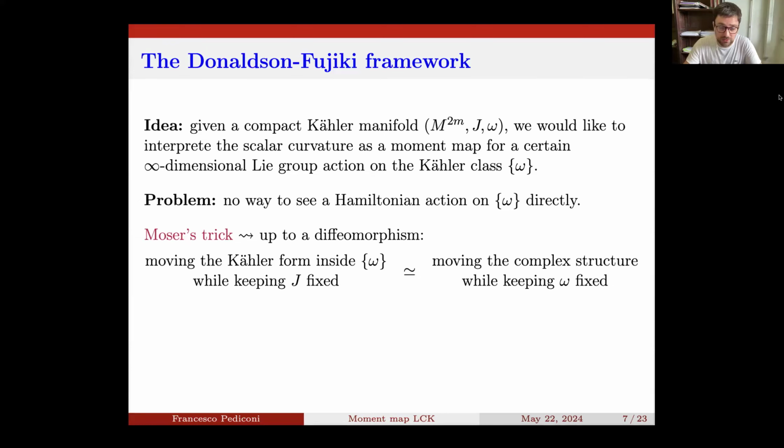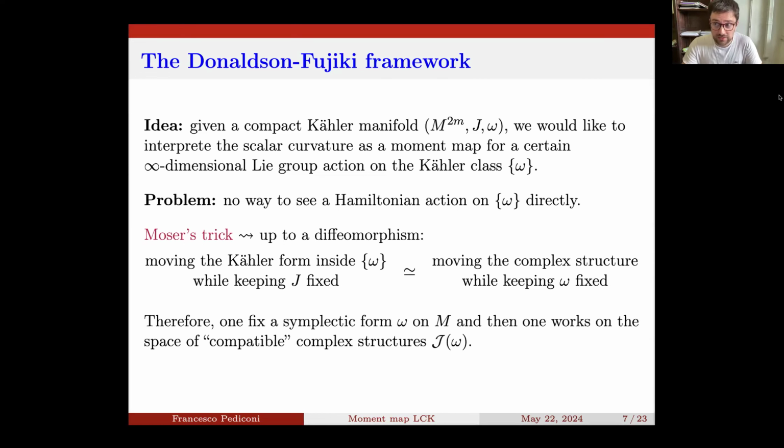Moser's trick tells you that if you take another Kähler metric inside the Kähler class of ω, there exists a diffeomorphism that takes one Kähler form to the other one. So by using the pullback by these diffeomorphisms, you can change the viewpoint and fix the Kähler form and move the complex structure.